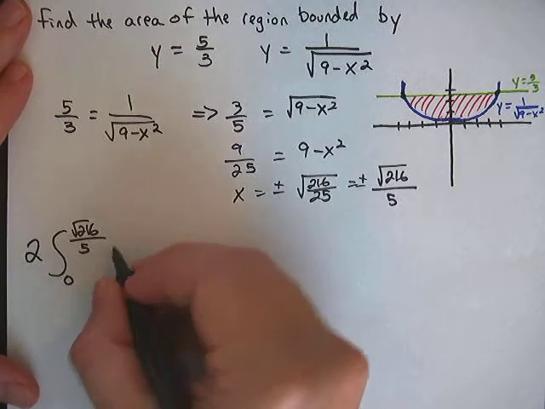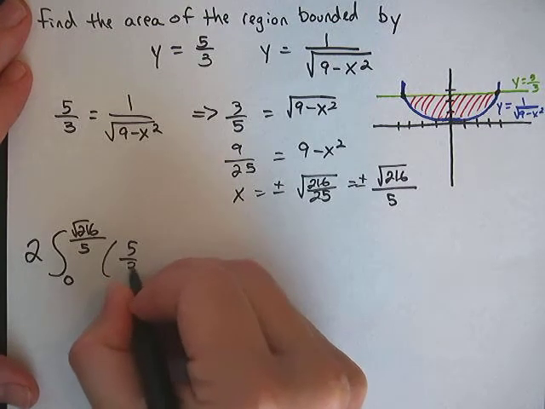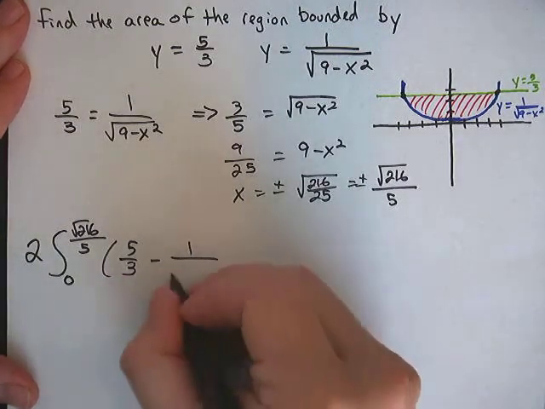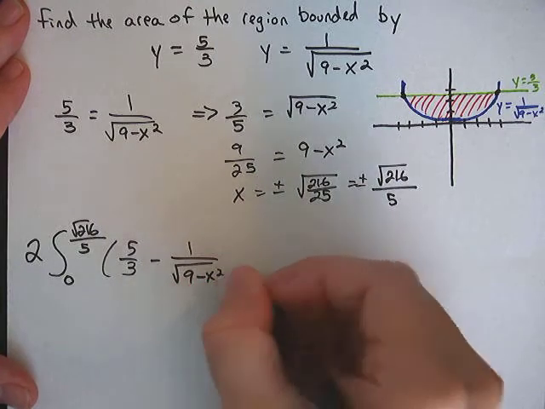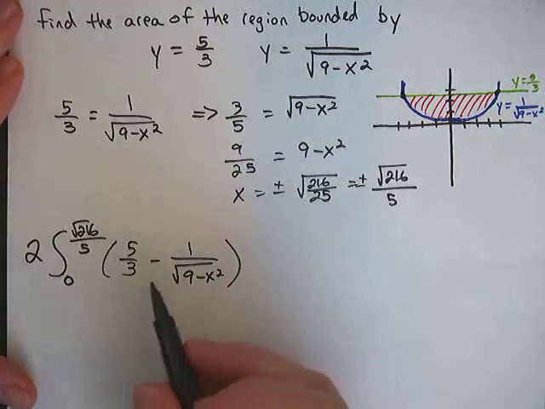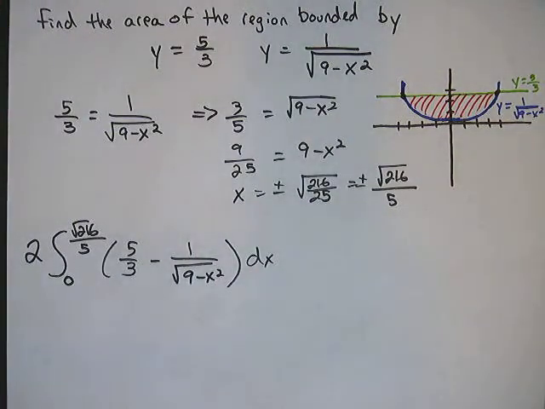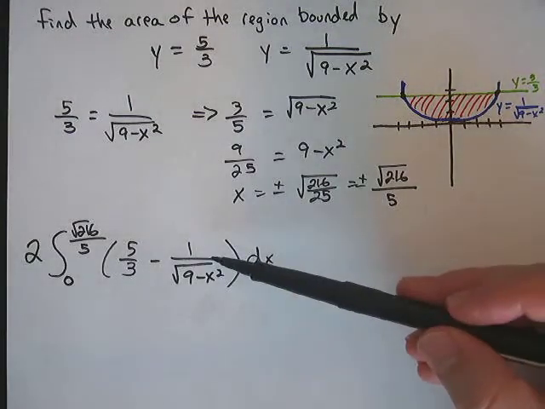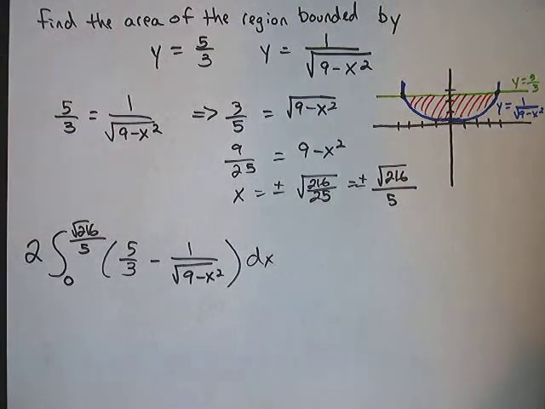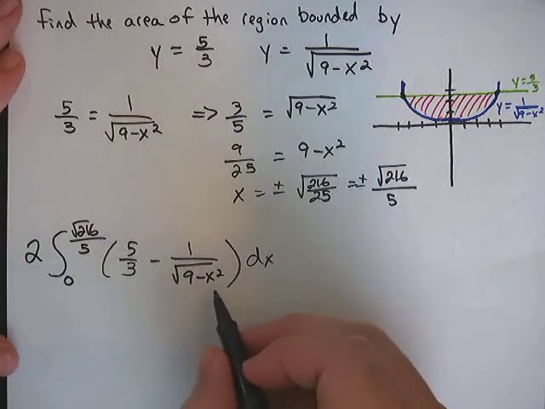Okay, so top minus bottom, 5 over 3 minus 1 over the square root of 9 minus x squared, dx. We'll do this term by term. So the 5 over 3, when we integrate that, just becomes 5 over 3 times x. And the 1 over the square root of 9 minus x squared becomes arc sine, or inverse sine, of x over a.